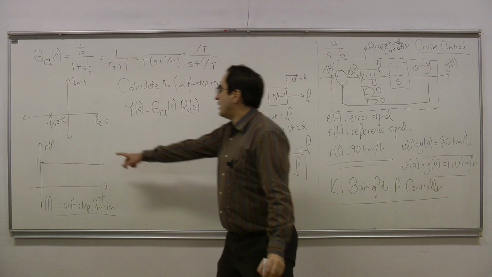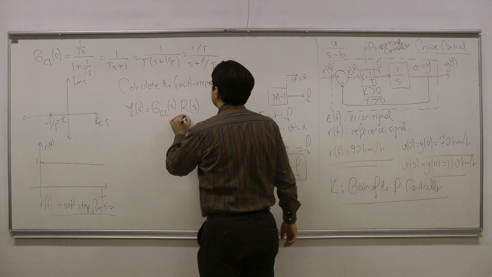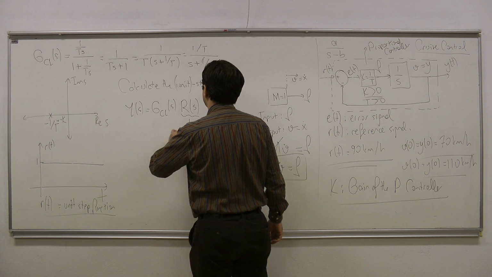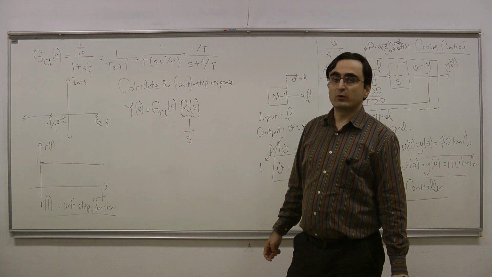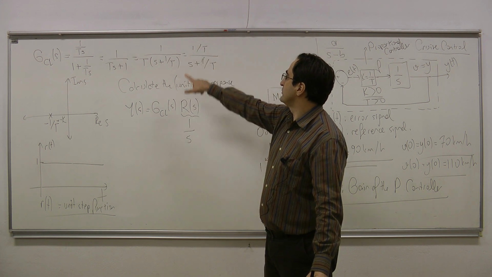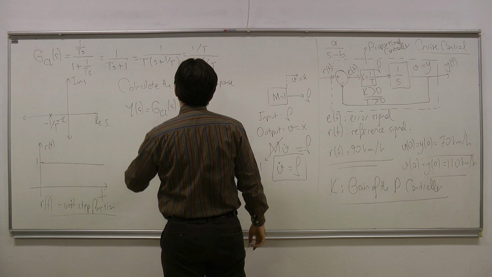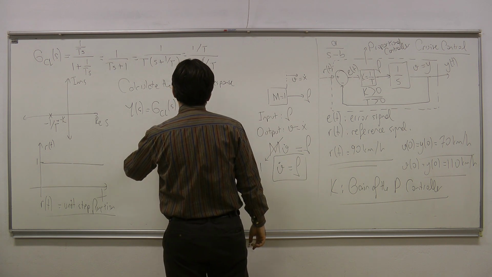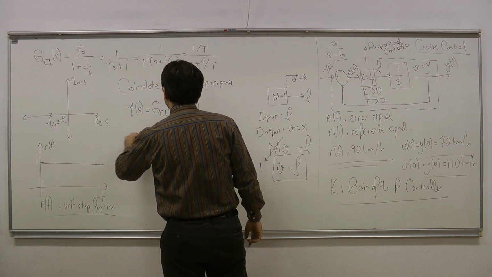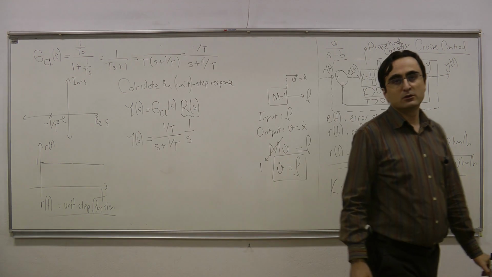And in this case, our R of t, the input of the system, is going to be the unit step function, which is going to have the Laplace transformation 1 over s. And the transfer function of the system, closed loop system, is this one, which is a first order system, 1 over t over s plus 1 over t. So this is going to be the Laplace transform of the output. All right?